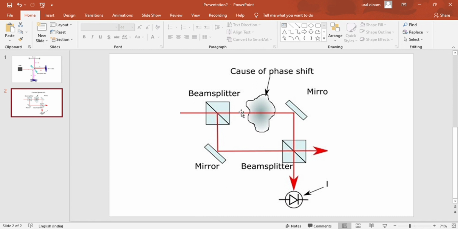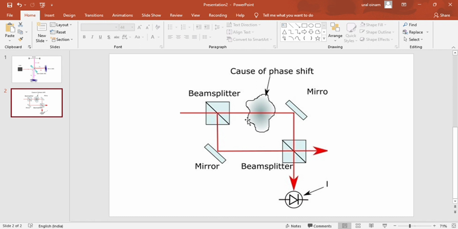So the two split beams follow different paths: this one is the reference beam, and this one will be the sample path.